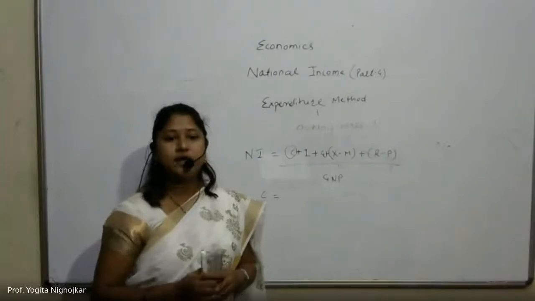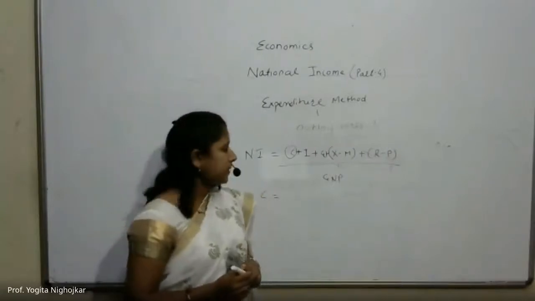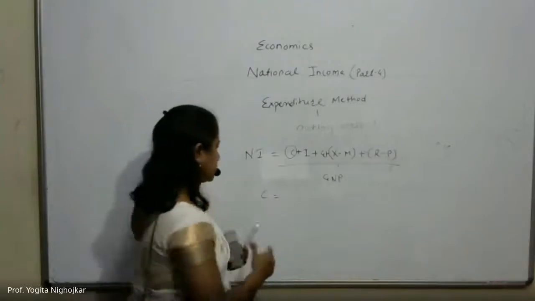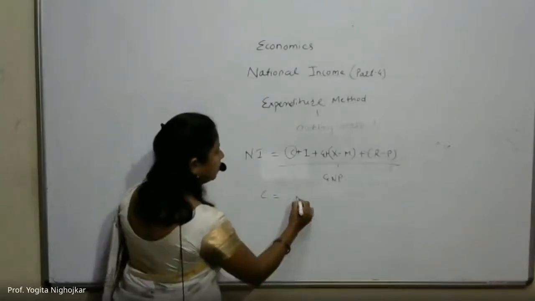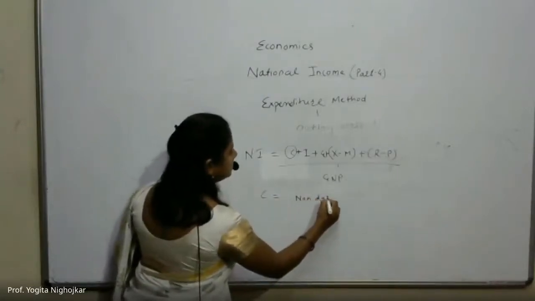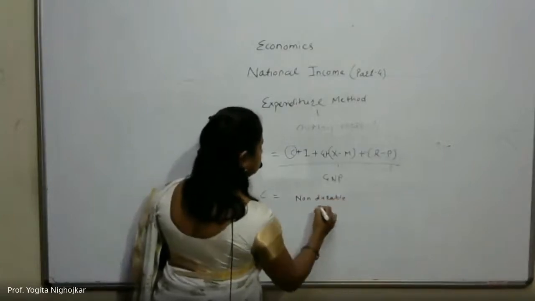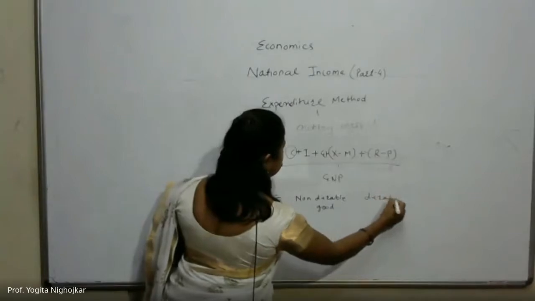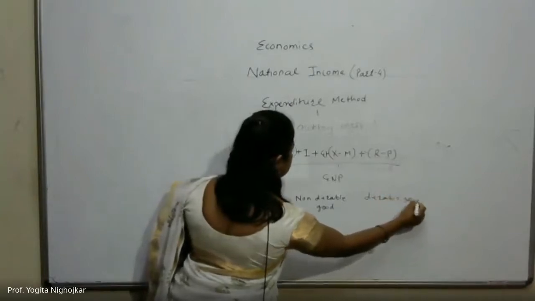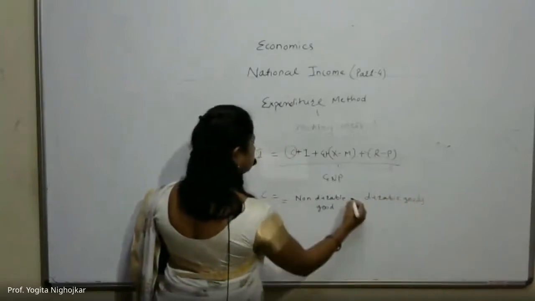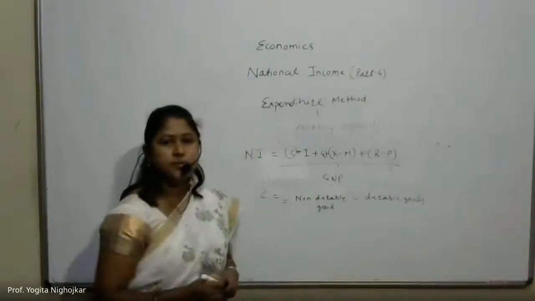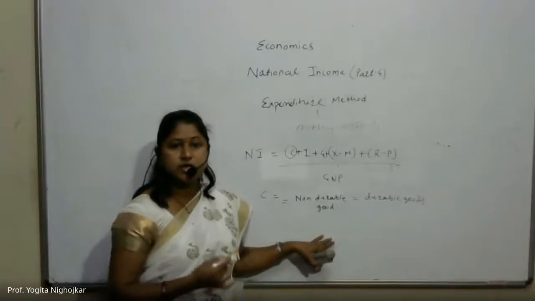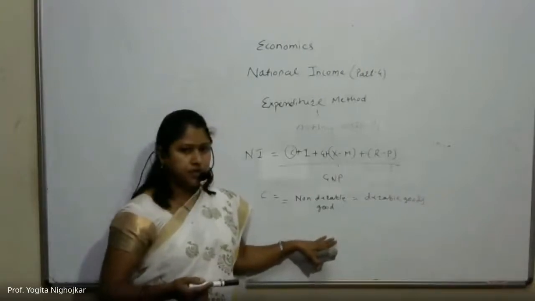Here, this is private final consumption expenditure by households on non-durable goods and durable goods. Non-durable goods such as food are used immediately.